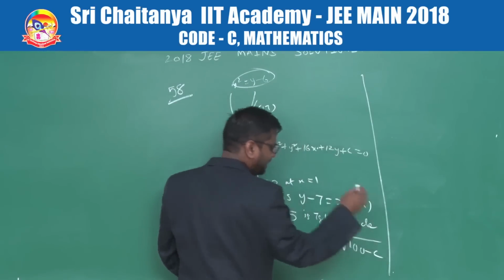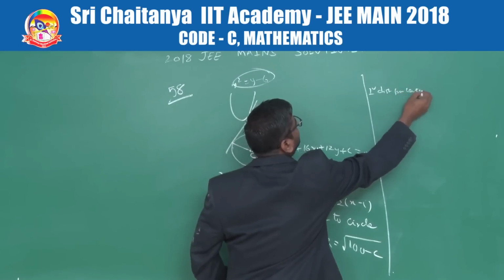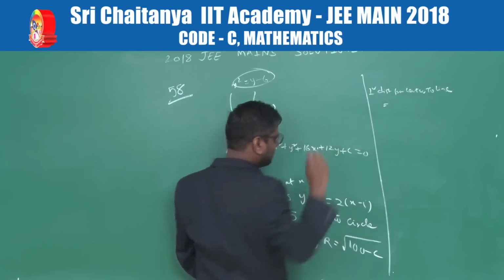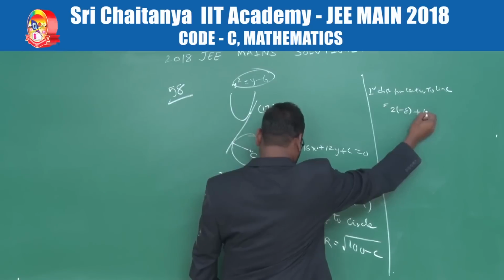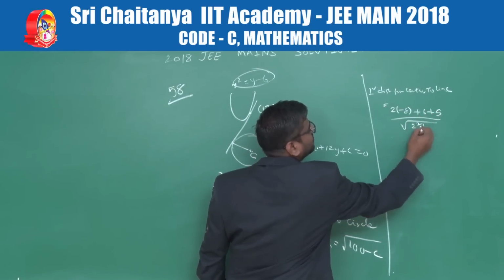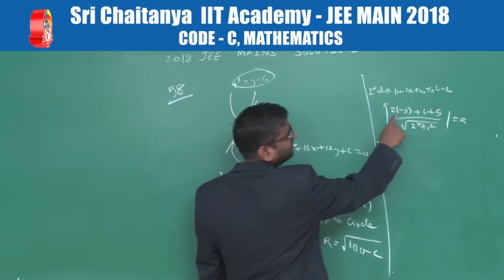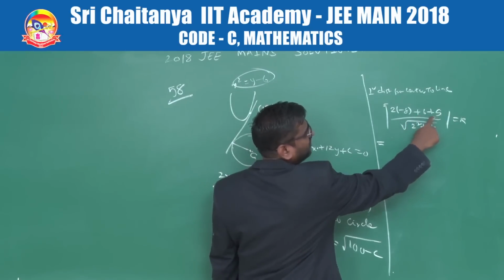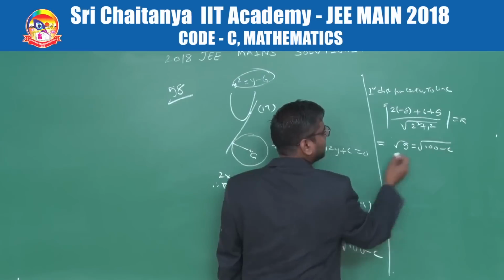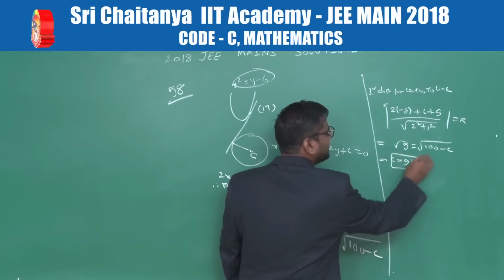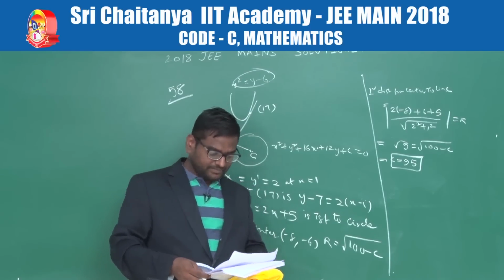So substituting in (2x - y + 5) by root of (2 square + 1 square), in mod, that should be the radius. Simplifying, we get mod of (-16 + 6 + 5) by root 5, which is root 5, equal to root of (100 - c). So you get c equal to 95, that is option 3.